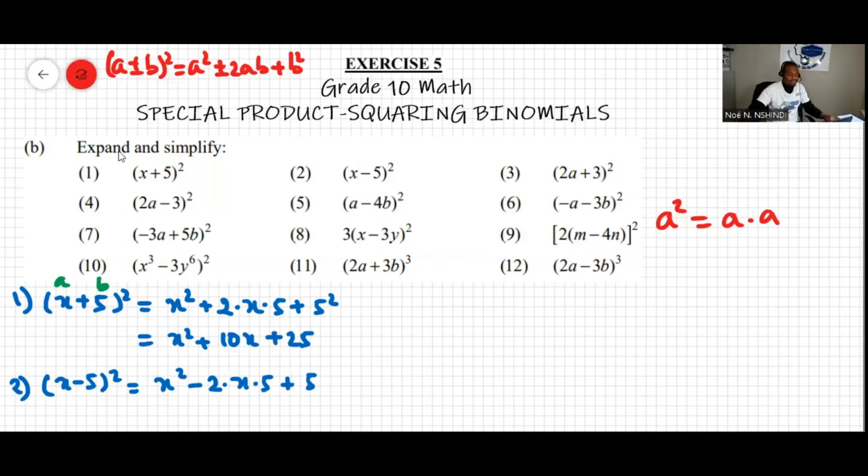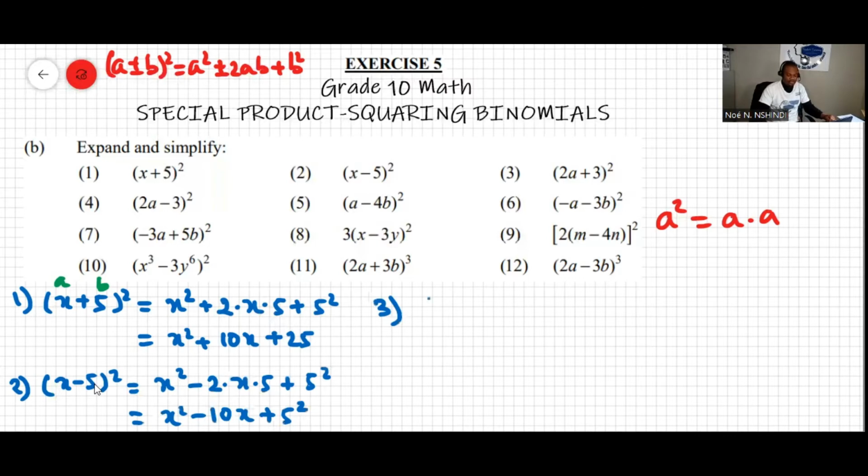Note that the first and the last terms are always positive, but the middle term changes depending on whether it was a plus or a minus. Now this will be just x squared minus 10x plus 5 squared. Simple, right?